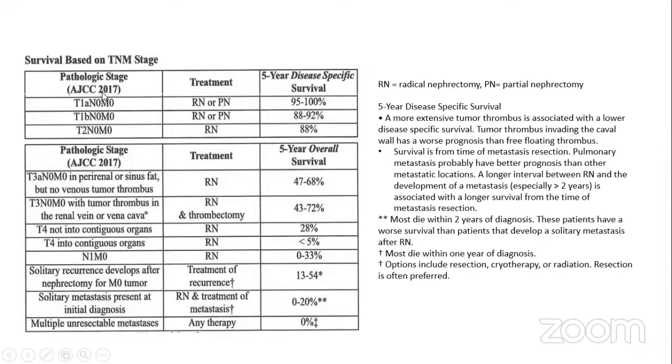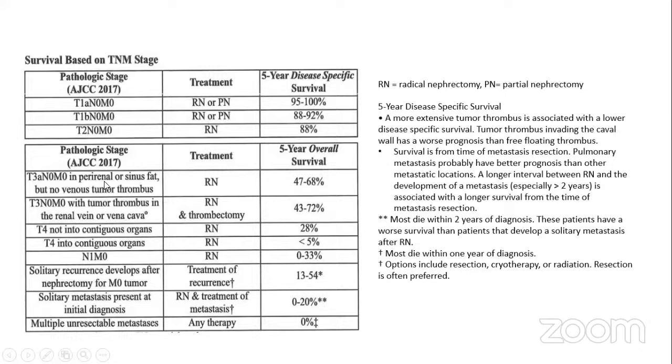Remember, T1A and T1B we will do a radical or partial nephrectomy, and T2 we will do directly radical nephrectomy, and this is known as the pathological stage, American classification for the tumors. This is a 5-year survival, as you mentioned, 95 to 100, 88 to 92, 88% for T2. This is the pathological stage.